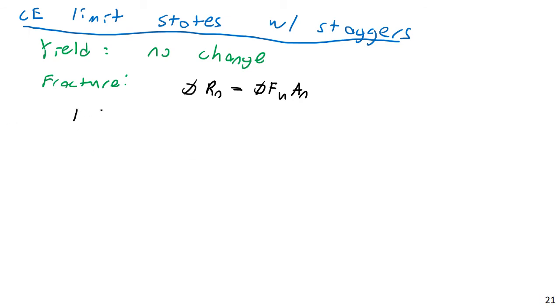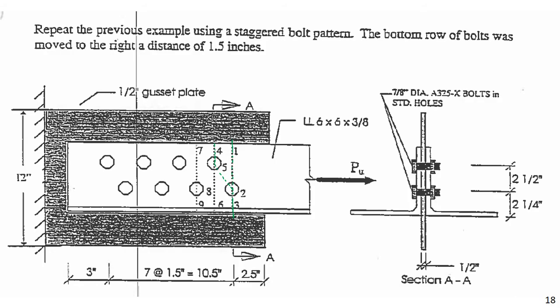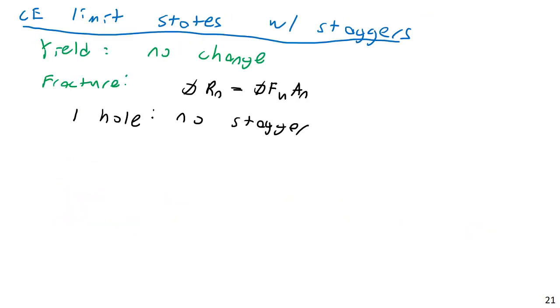Now for the one-hole case, we have no stagger. So backing up to this, I could have this kind of thing, and this is not going to control. We have no stagger. We found that path is actually not the critical one, and so it's not going to be the critical one likely for the other one as well.